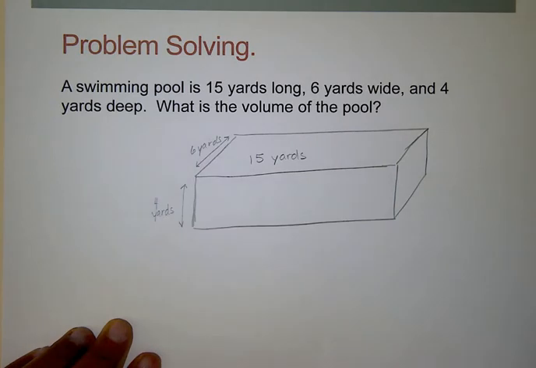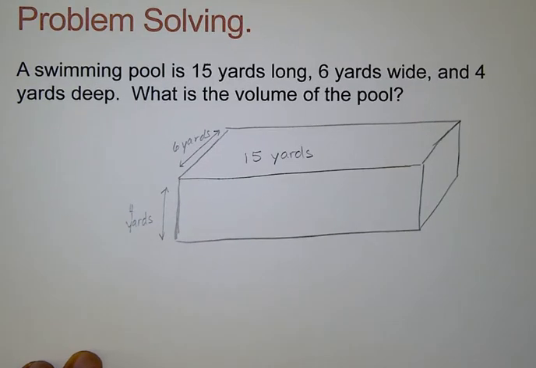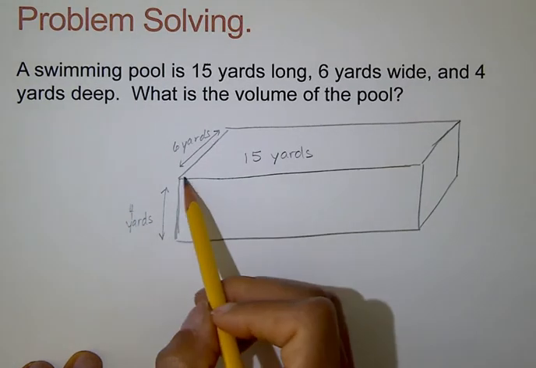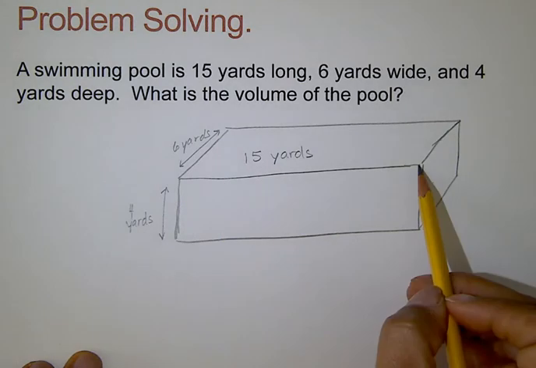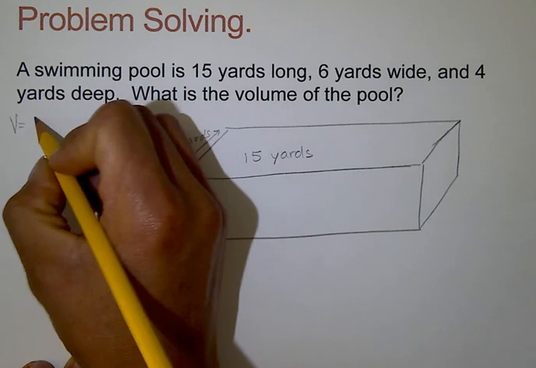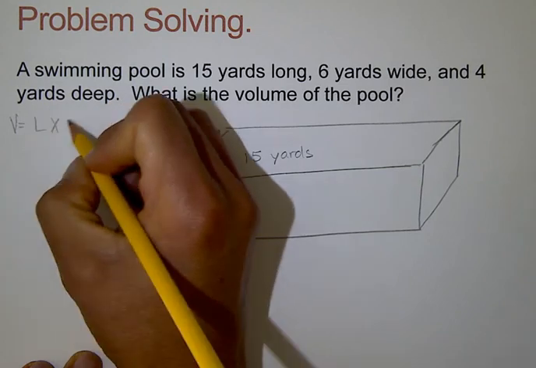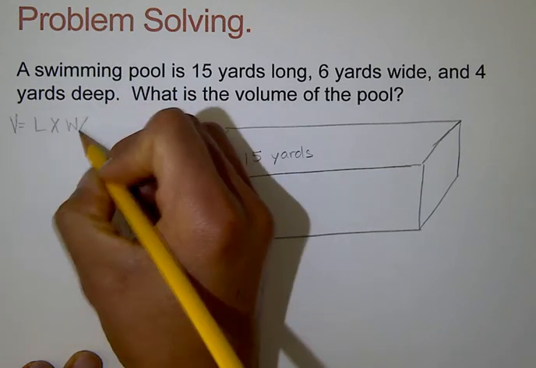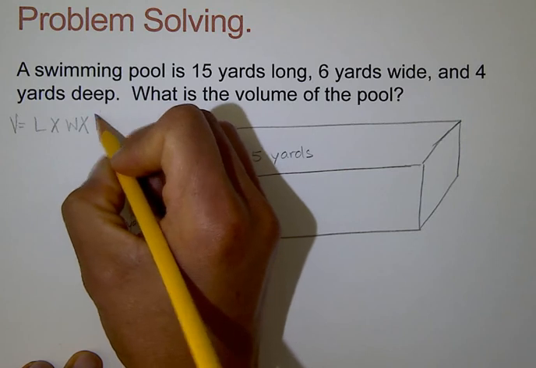Now to find out how much volume is inside the pool, I'm going to measure those three dimensions. The formula for volume is length times width times depth or height.